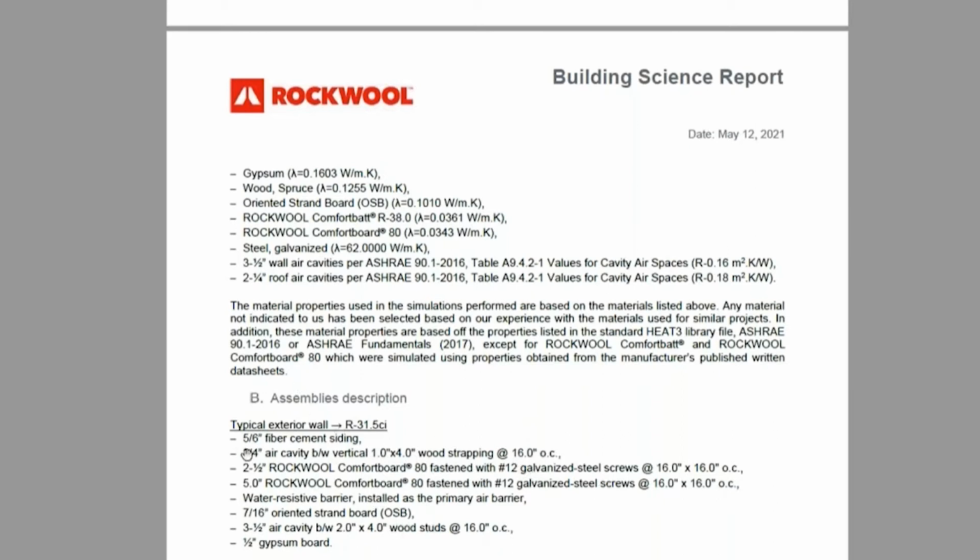We list these points because, for example, if the strapping was at a different spacing, that means our fasteners will have different spacing, and that will affect the thermal performance of the assembly. That's why we want to be transparent, showing our assumptions to give the builder or the architect an idea of what our assumptions are and how they can achieve the thermal performance that we indicate in our reports.